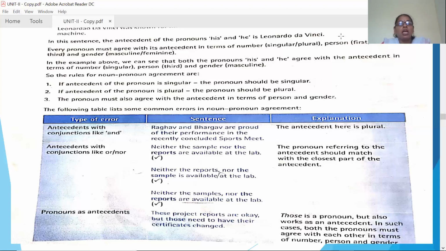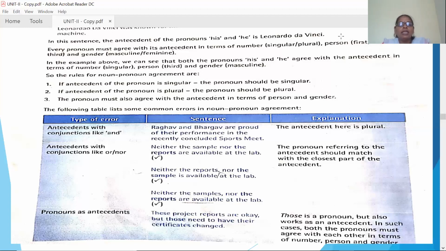The second one: Neither the reports nor the sample is available at the lab. In the first one, neither the sample nor the reports, we have given are. Immediately after reports we have are, plural. But in the second sentence, neither the reports nor the sample, the one nearest is singular, so we have made it is.